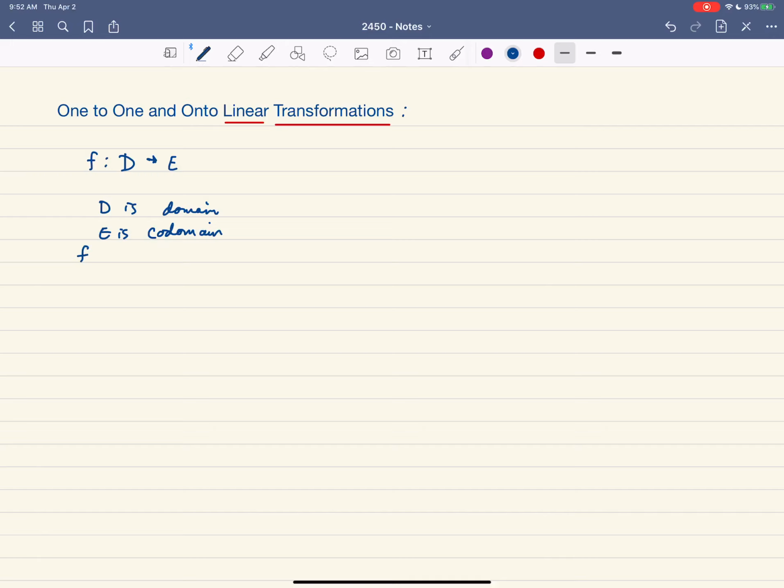The set of all the values that you get out of the function is denoted f of D. And this is just the set of f of x, where x is in D. It turns out that that's always going to be a subset of E, but it might not be all of E.